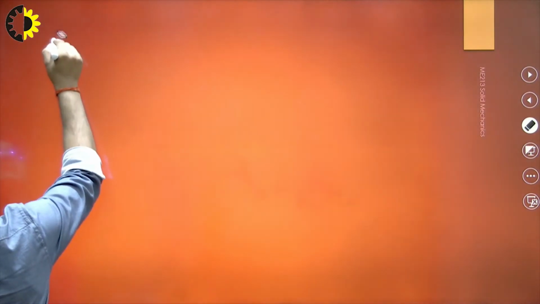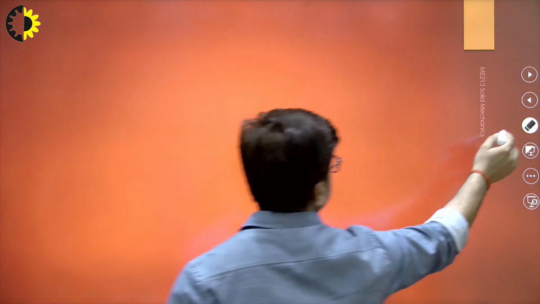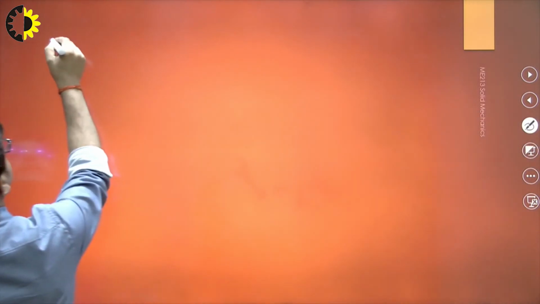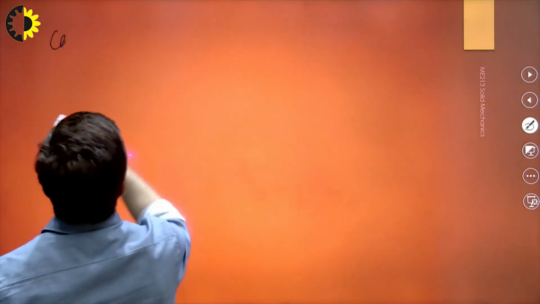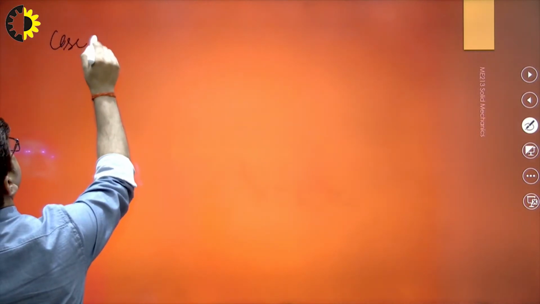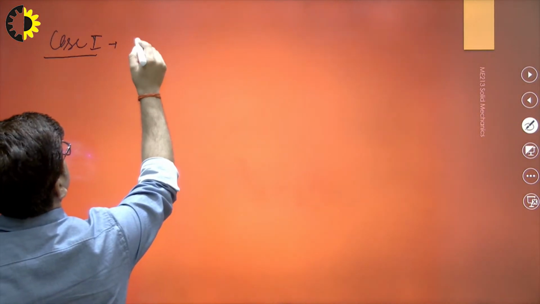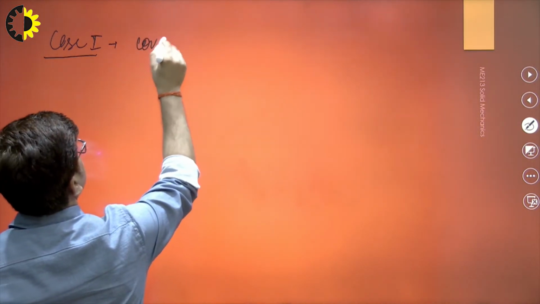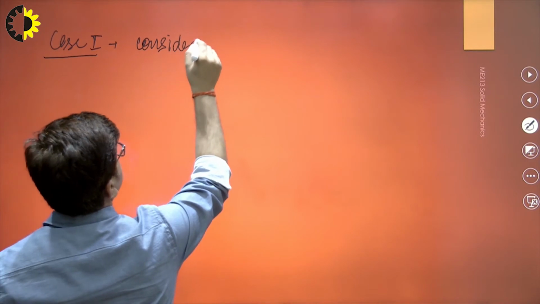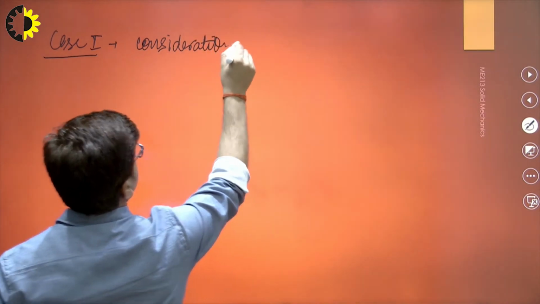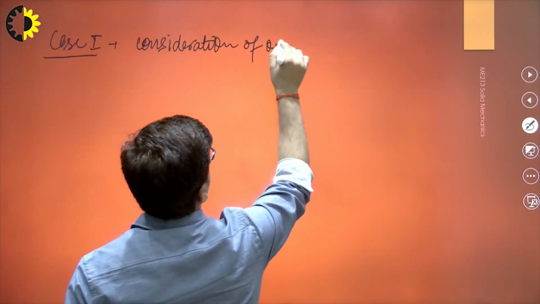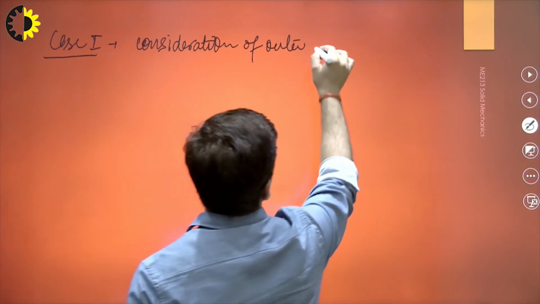So case 1, first consideration of the outer cylinder.